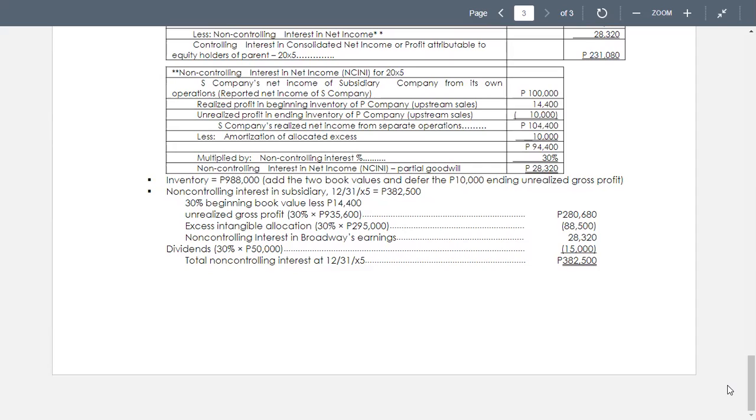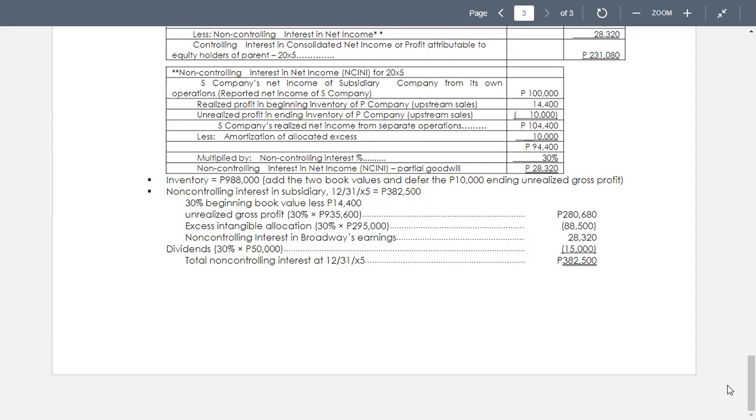Okay, let's start with number 1 to 8, involving upstream sales. Now here, you will be able to have your additional knowledge about upstream sales. But remember that in upstream sales, the seller is the subsidiary. The buyer is the parent.